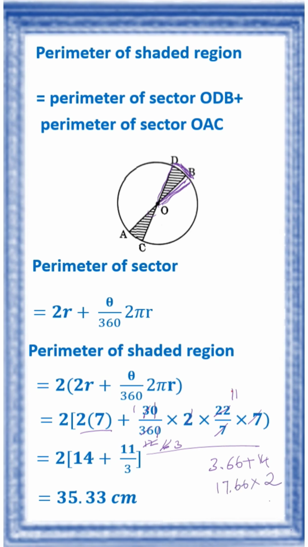What is it? 2 6s are 12, 2 6s are 12, 1 is 13, 2 7s are 14, carry 1, 2 ones are 2, 1, 3, approximately equal to, because I haven't expanded here, only this much I have done, 6 I have stopped. 35.33 centimeter is the perimeter of the shaded region.